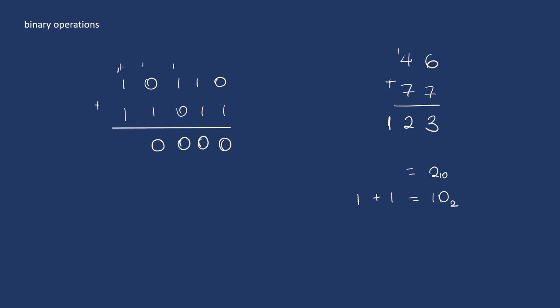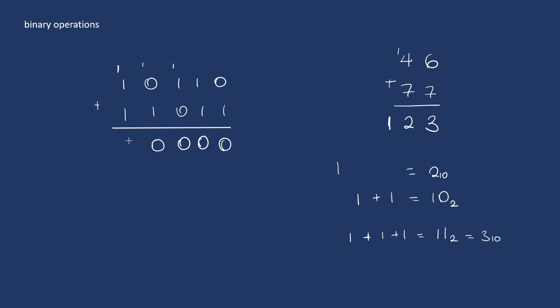And now we have a very peculiar case because we're adding 1 plus 1 plus 1. In binary that gives us 11 in base 2, the same way it's 3 in base 10.